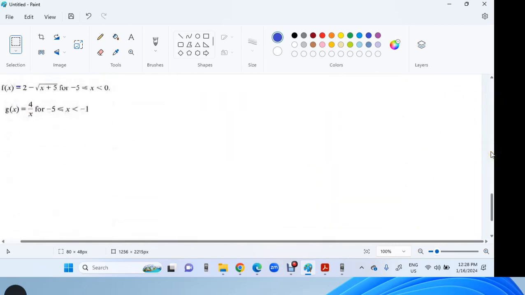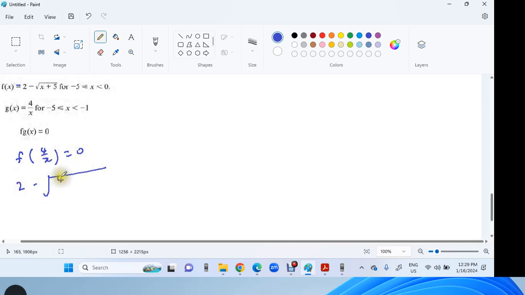So to solve this question, we have two methods. Okay, first, we will do something like this: f of g(x), that is 4 over x, equal to 0. Then we have 2 minus square root of (4 over x plus 5) equal to 0. Then we solve it. We have 2 equal to square root of (4 over x plus 5).